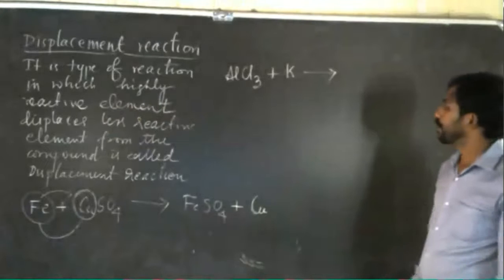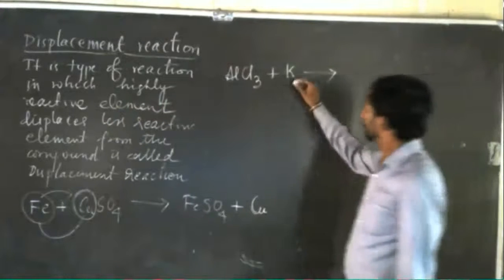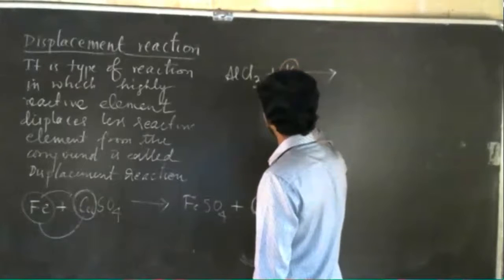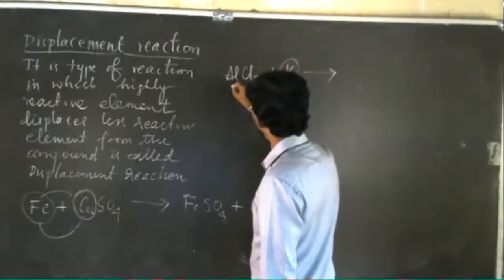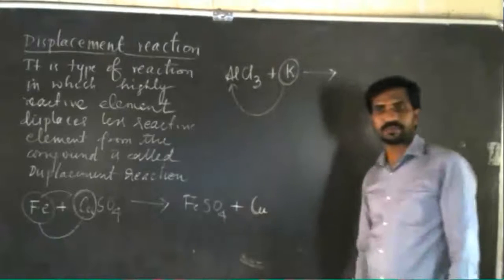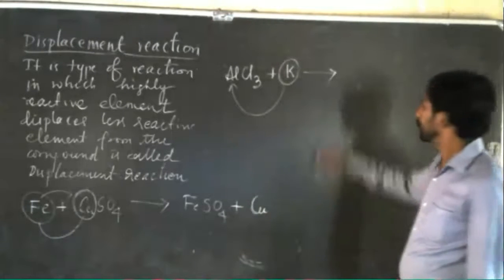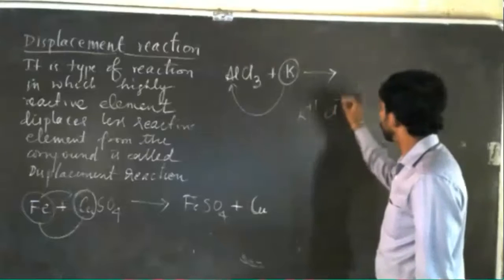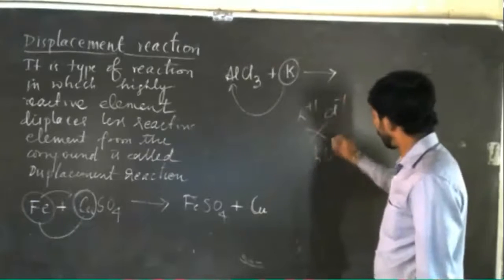Here, see, potassium is highly reactive. I'll tell you the reactivity series. The potassium displaces the aluminum.